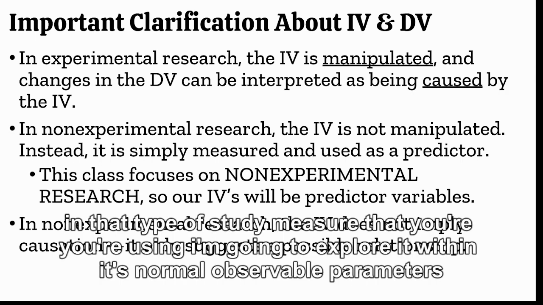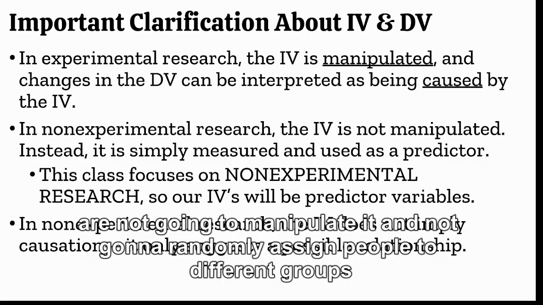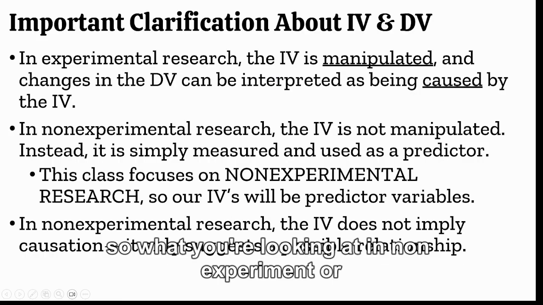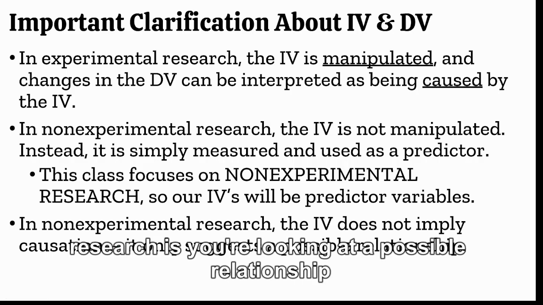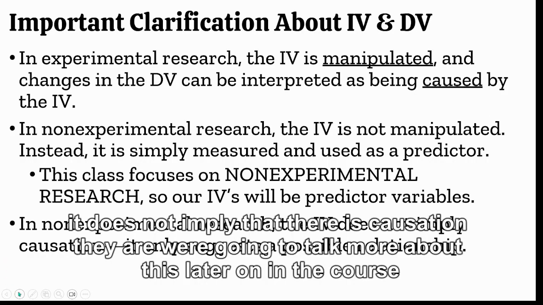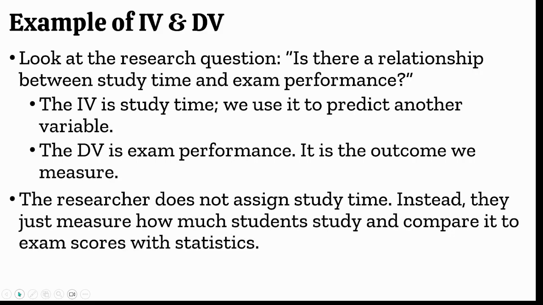And that type of study measure that you're using, I'm going to explore it within its normal observable parameters. I'm not going to manipulate it. I'm not going to randomly assign people to different groups to see if there's a causative relationship there. So what you're looking at in non-experimental research is a possible relationship, and just because a relationship exists, it does not imply that there is causation there. We're going to talk more about this later on in the course.